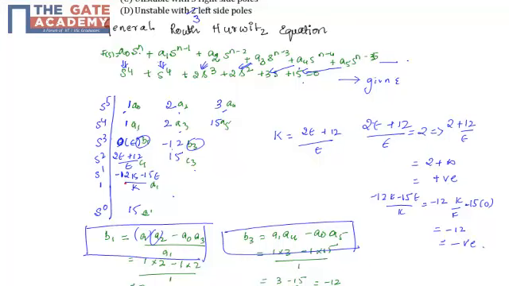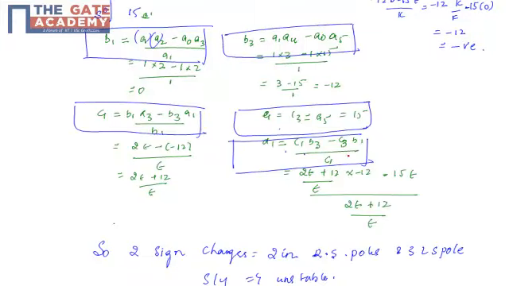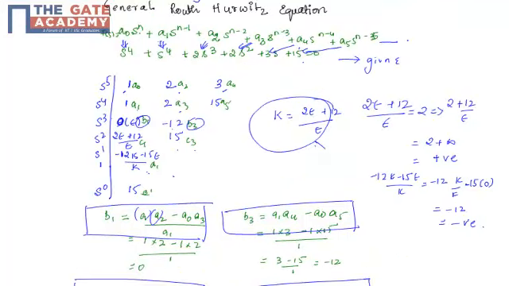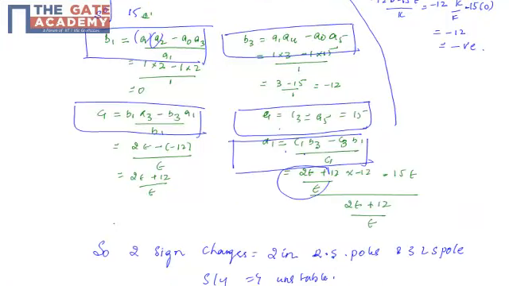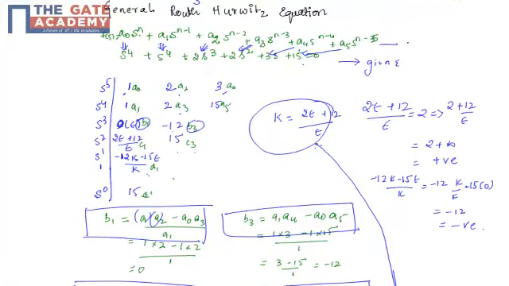Next, C1 we have obtained, and C3 is 15 and D1 is minus 12k minus 15 epsilon by k. This is D1; the D1 formula is here, and we know the values of C1, B3, C3 and B1. To make the simplification simpler, we take 2 epsilon plus 12 by epsilon equal to k.